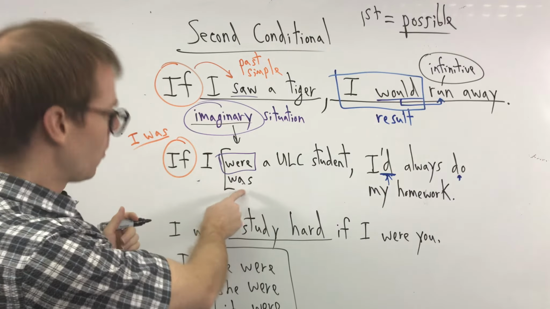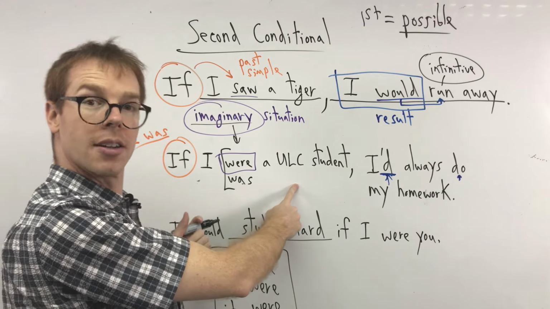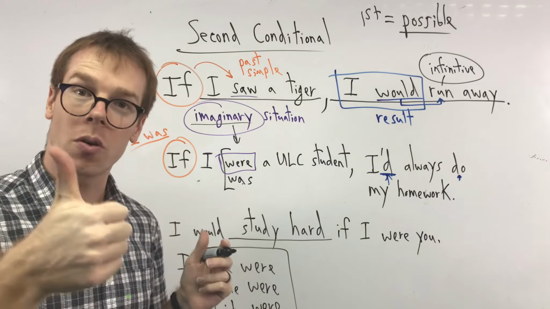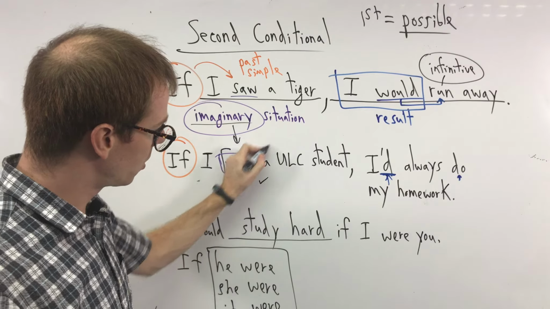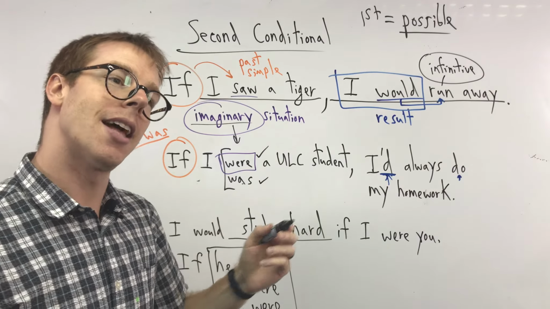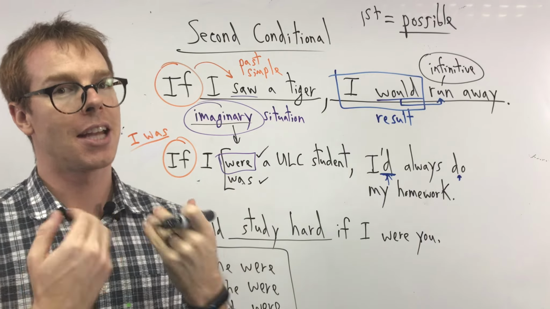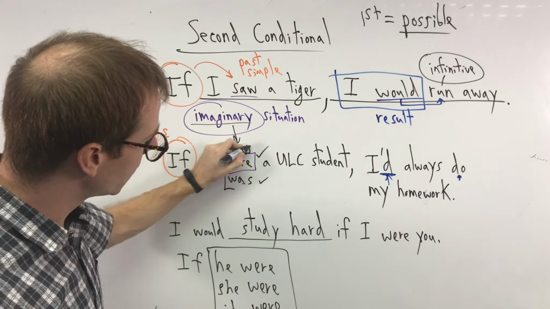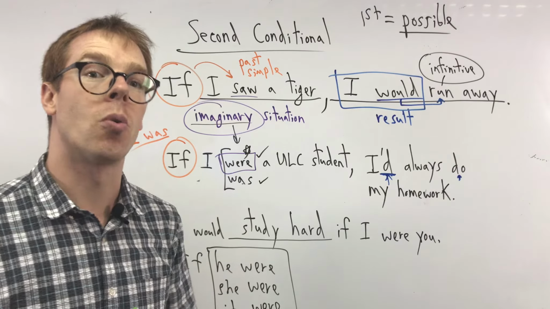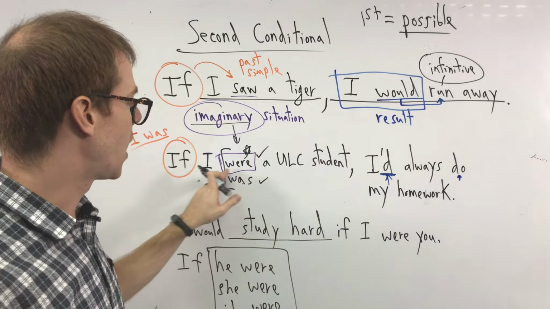Now, you might say, oh, if I was a student, yeah, was is also okay. A lot of grammar books say that both are okay, but actually, I think that native speakers, especially people from America, will more often use this special way whenever they're using if I were.